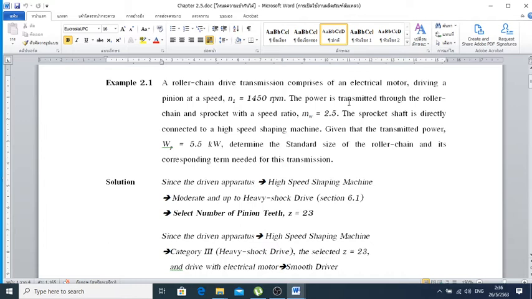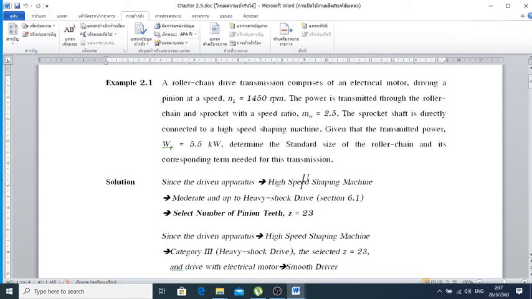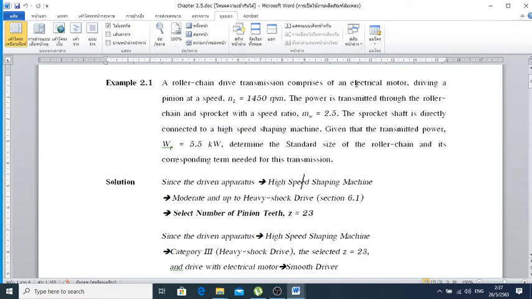The shaping machine, as I mentioned already, is going to cause a lot of impact. Given that the transmitted power W sub P is equal to 5.5 kilowatts, you have to determine the standard size of the roller chain and its corresponding terms needed for this transmission system. First things first, the driven apparatus is going to be the high speed one, right?